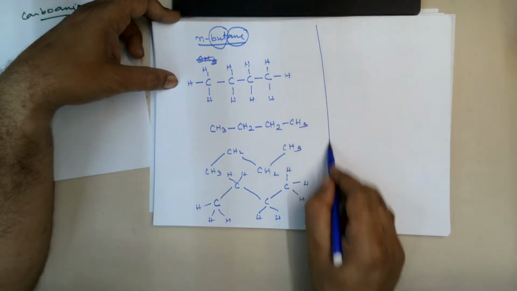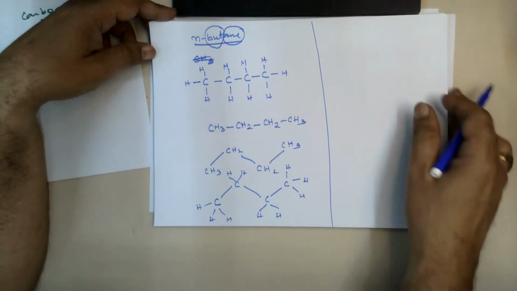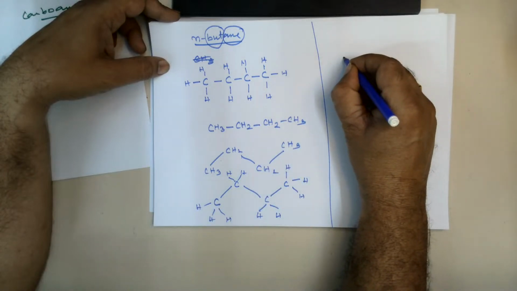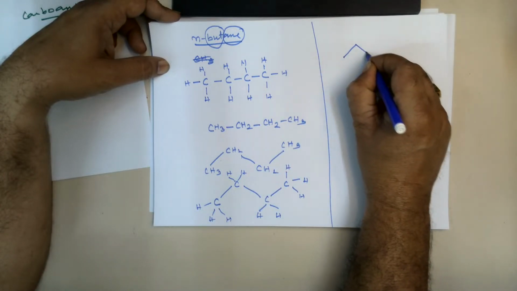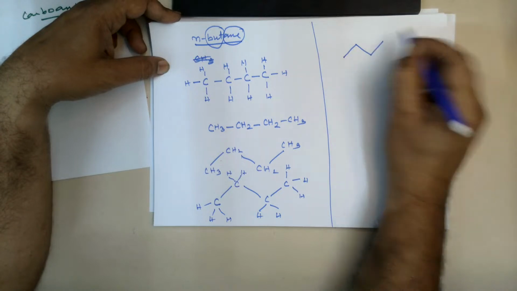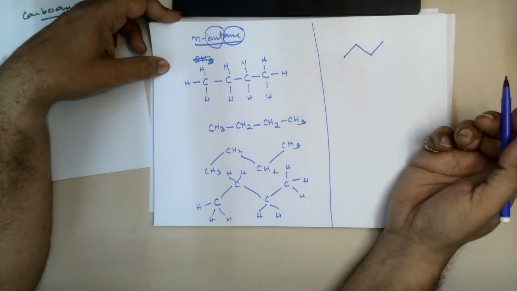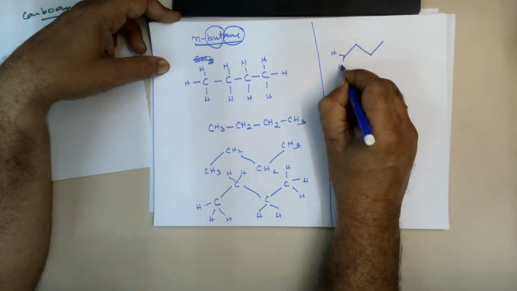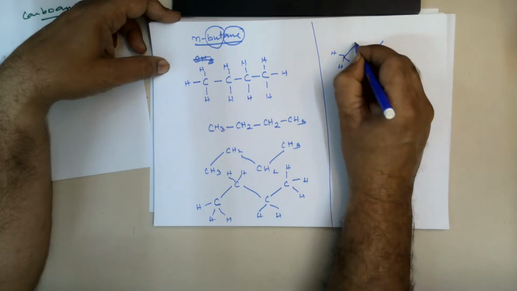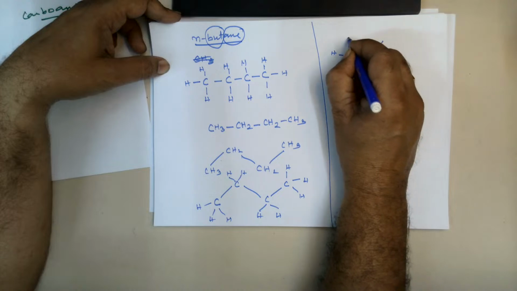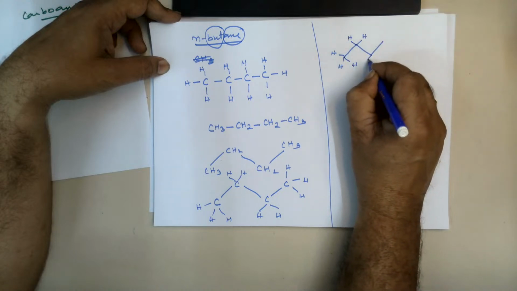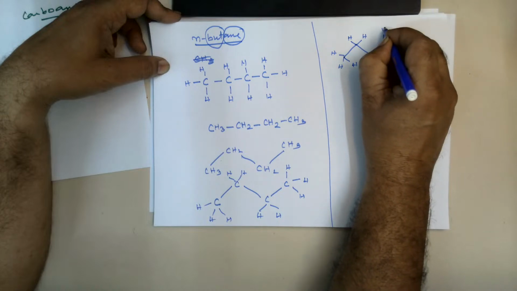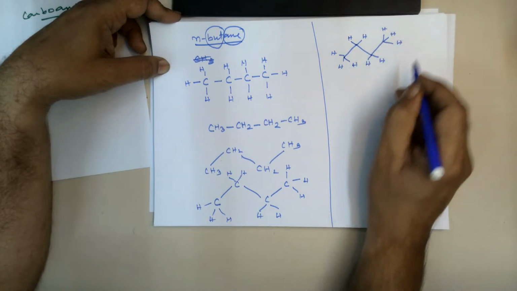Then again you can draw by bond line representation also. So instead of CH3, you can put a dot, CH2 link, another CH2 link, another CH3. So the terminal is CH3. In order to represent this, you can put hydrogen, hydrogen, hydrogen, and this one hydrogen, hydrogen, and this one hydrogen, hydrogen, and this one hydrogen, hydrogen, hydrogen, 3 hydrogen.